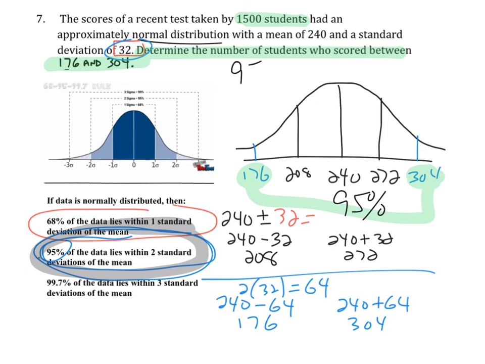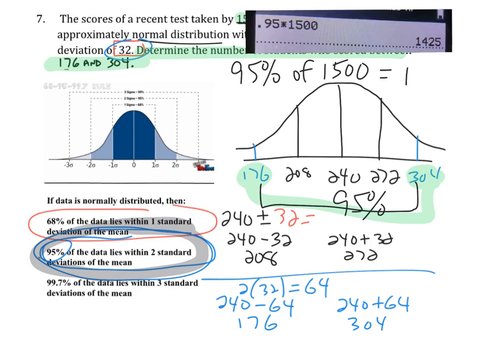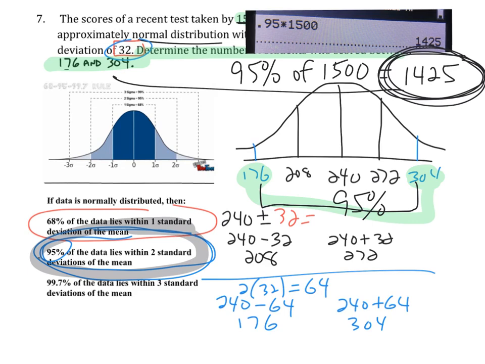But since they told you that 1,500 students took the test, 95% of 1,500 have to score between 176 and 304. So 1,425 students had to score between 176 and 304.